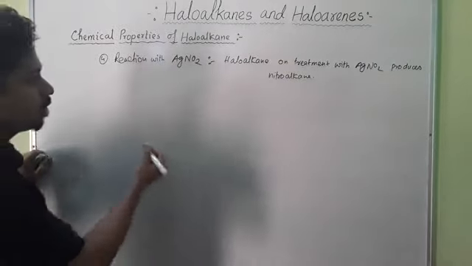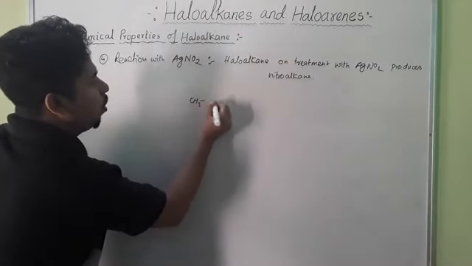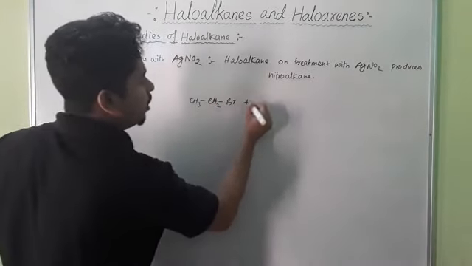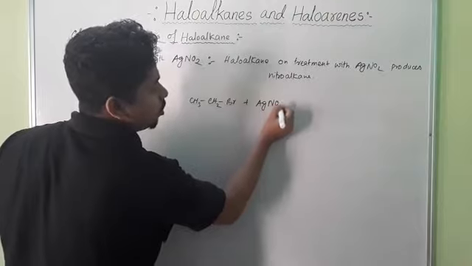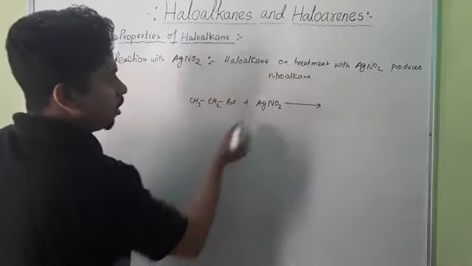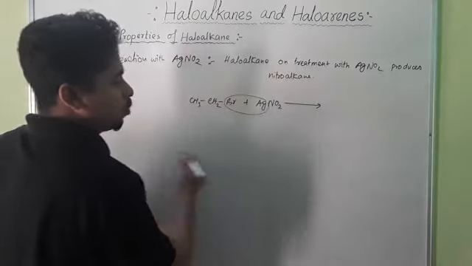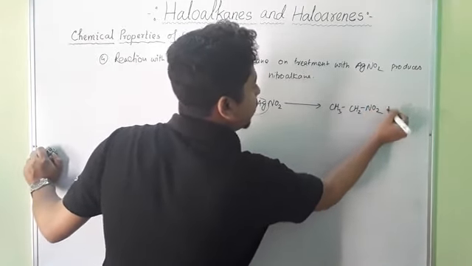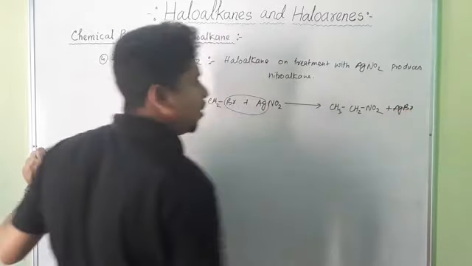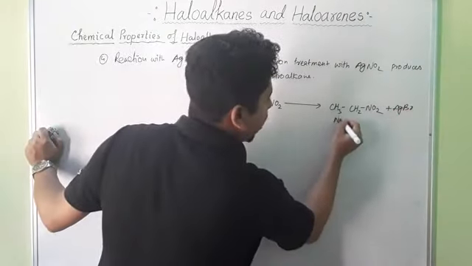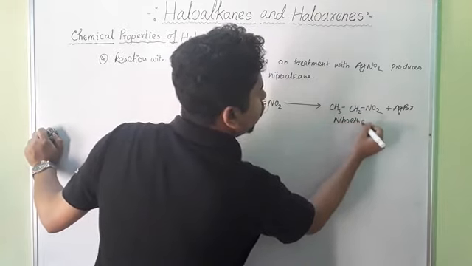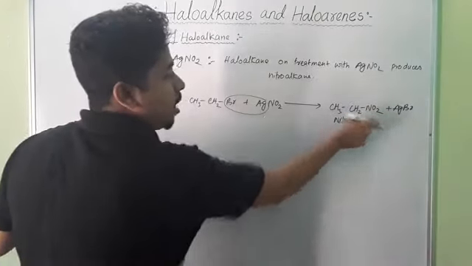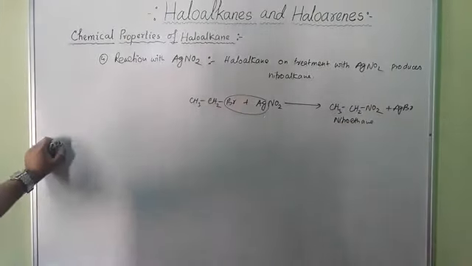Suppose we are considering one reaction: CH3-CH2-Br, bromoethane, plus AgNO2. AgBr, silver bromide, will be removed, so we get CH3-CH2-NO2 plus AgBr, and its name is nitroethane. So haloalkane on treatment with silver nitrite gives nitroalkane. You can consider any other reaction, no problem.